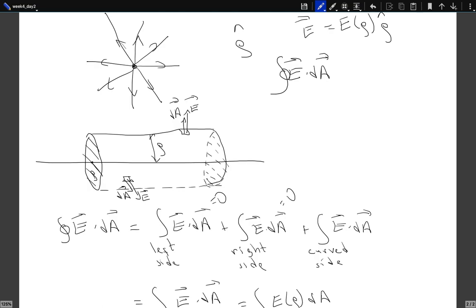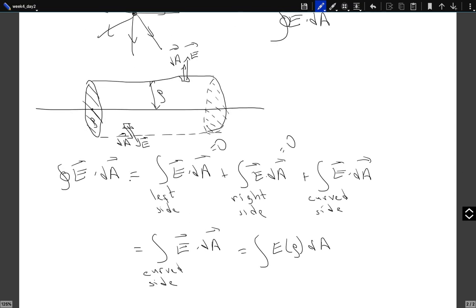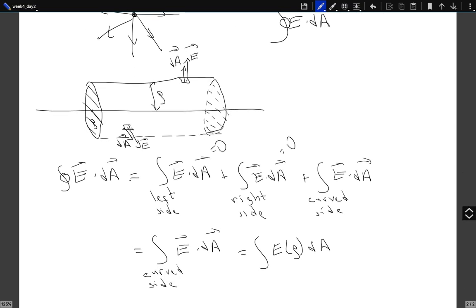Whichever point you imagine on the surface, the electric field will always be away from the wire and perpendicular to the surface, just like the dA vector at that point. So the scalar product E and dA is the product of their magnitude times cosine of the angle between the two, which is 0. Well, this is a constant.